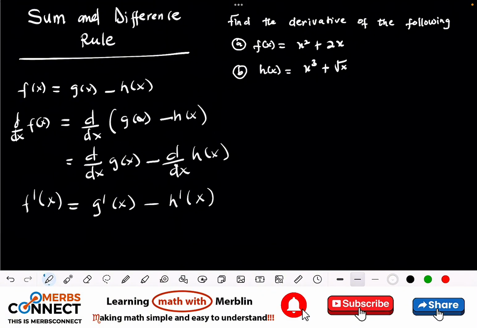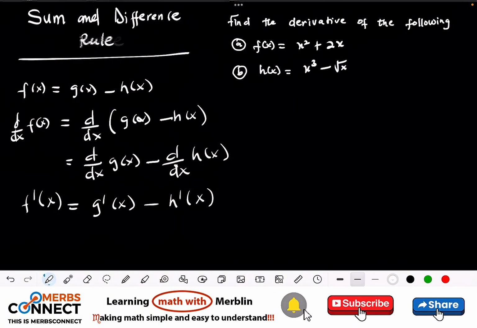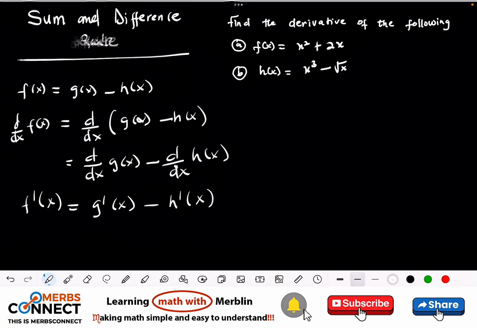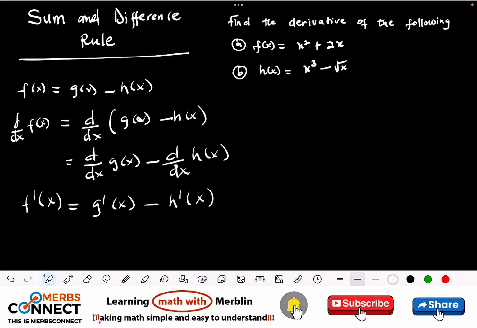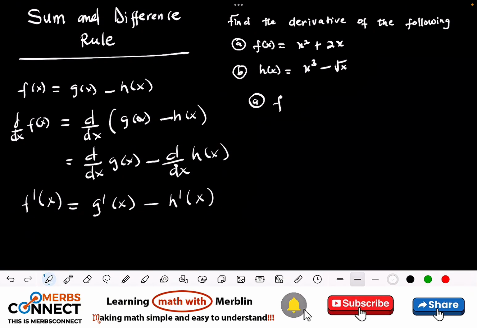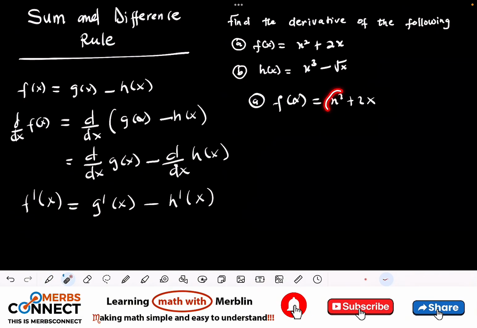So let's pick these two examples. Let me make this one minus so that we have the sum and also the difference rule. So what we just learned is that if I want to differentiate f of x, which is equal to x squared plus 2x, then this is like our g of x and this is like our h of x.